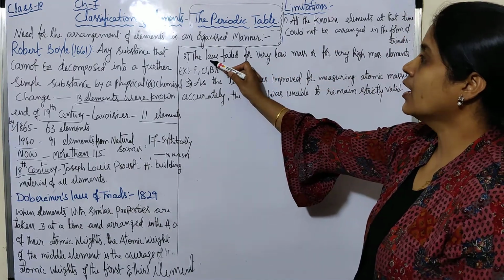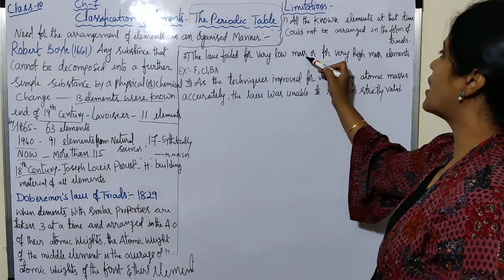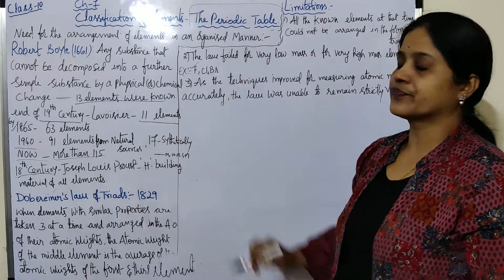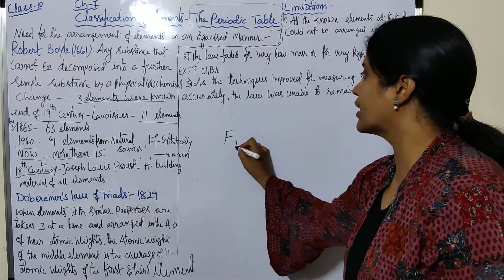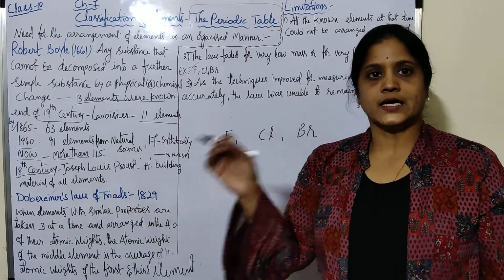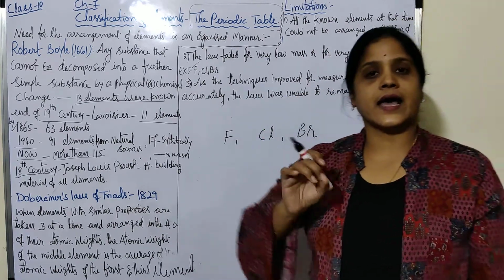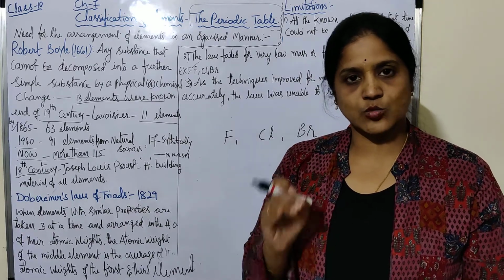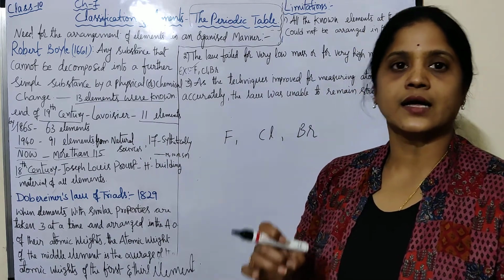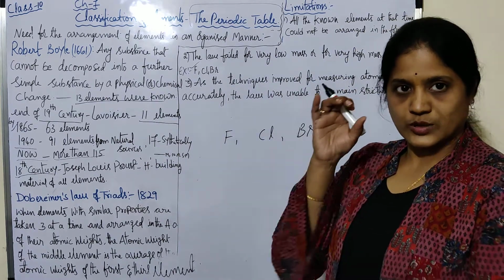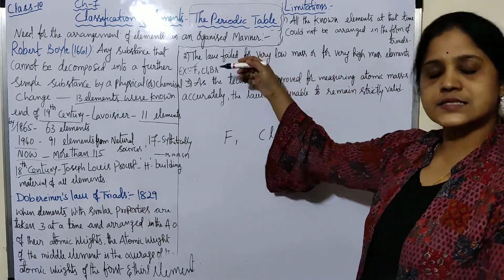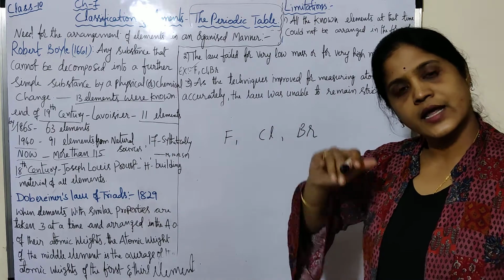Next, the law failed for very low mass or very high mass elements. For example, take fluorine, chlorine and bromine. Actually, what is his law? The atomic weight of the middle element equals the average of the atomic weights of the first and last elements. This law failed for low masses and high masses.